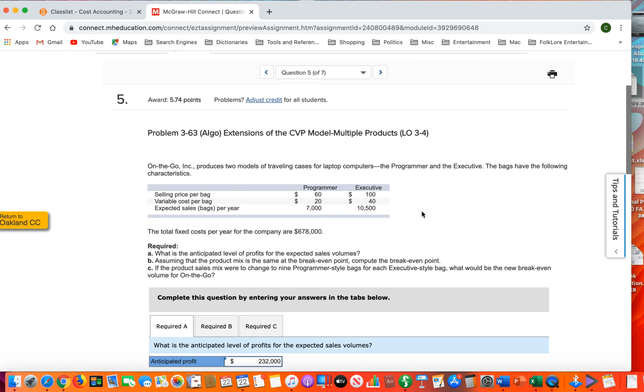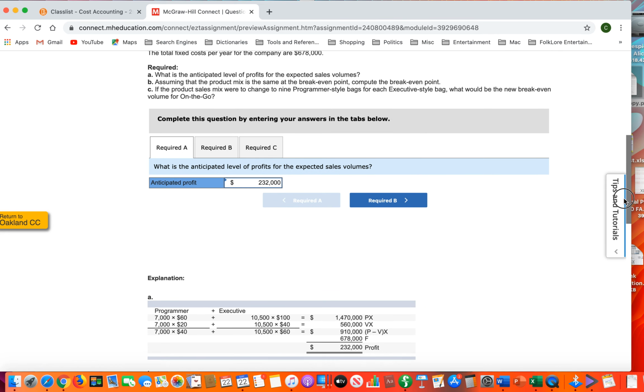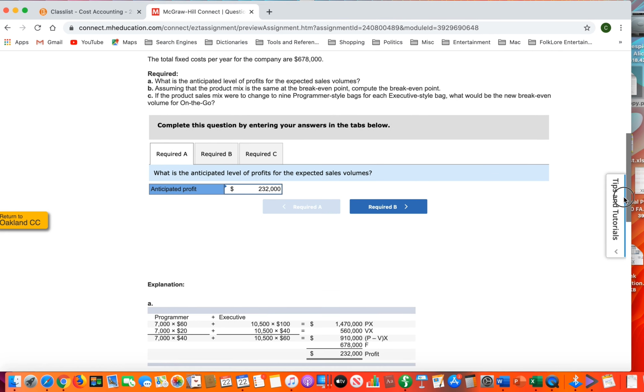So add both contribution margins, and you get 910,000. Subtract the fixed cost, and you get your profit of 232,000. Okay, and that's how they did it. Yeah, it's the same way I did it.